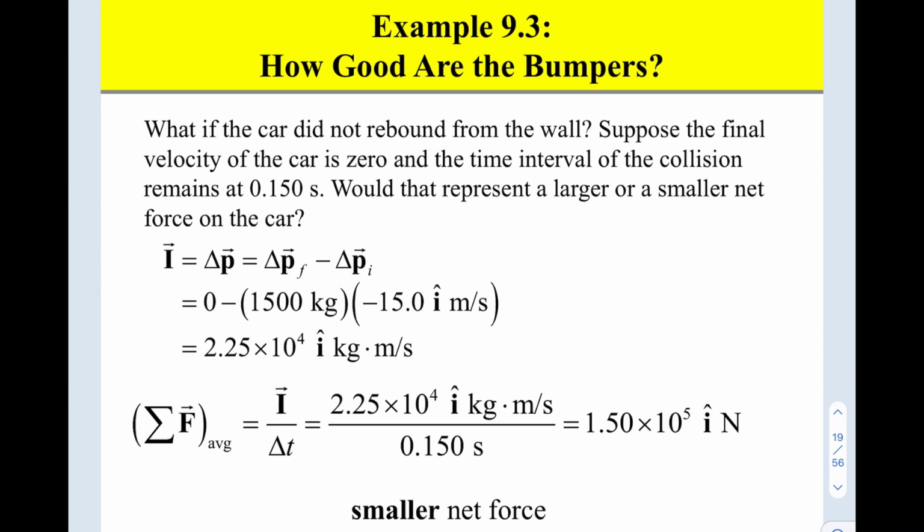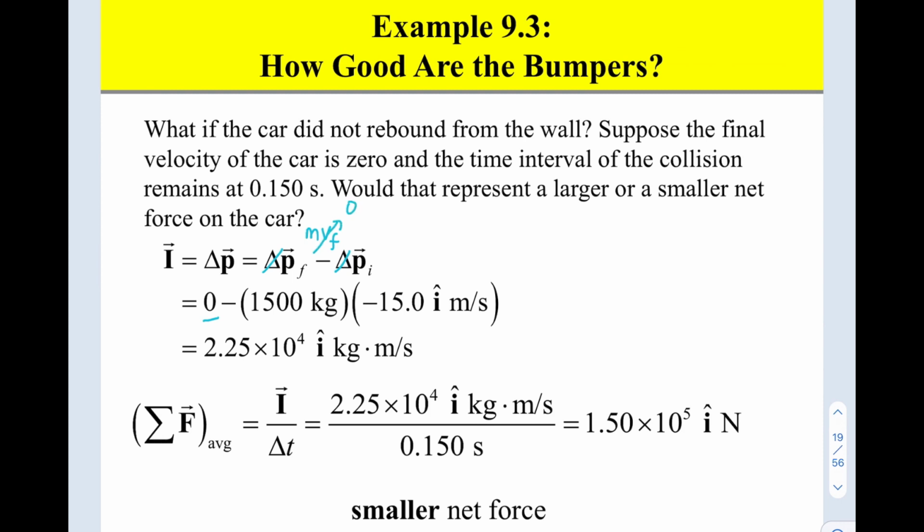impulse is equivalent to delta P, P final minus P initial. So if it does not rebound, it means it remains at rest, or sticks to the wall, or stops finally. So P final will be 0, because P final consists of M V final, and it stopped.